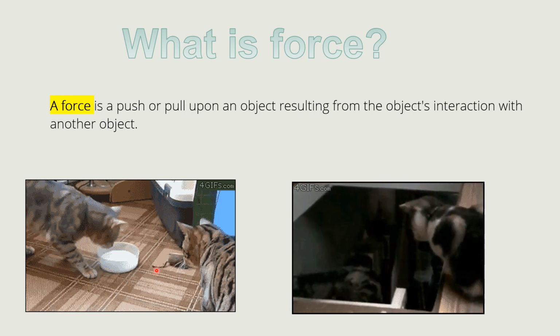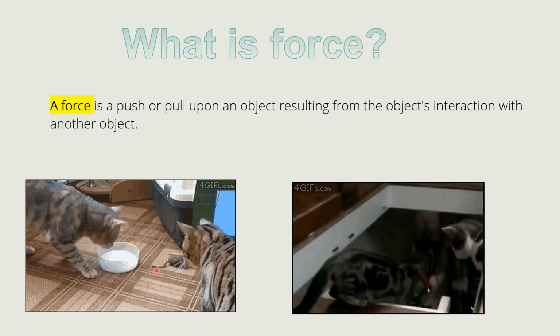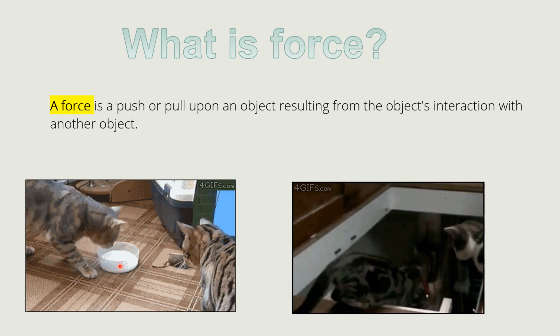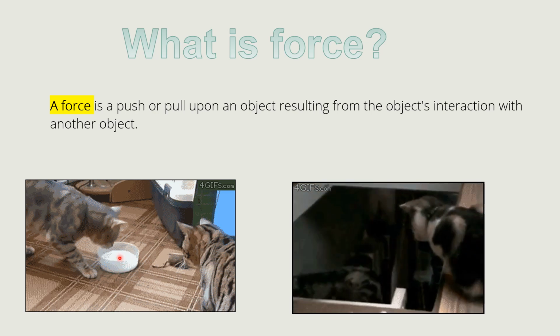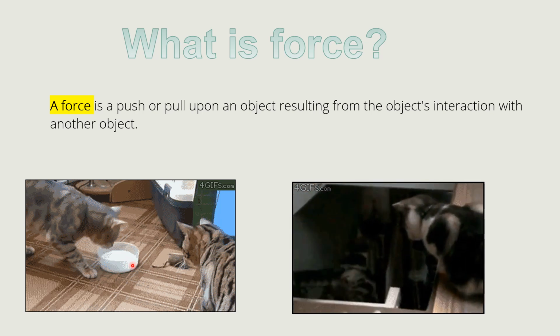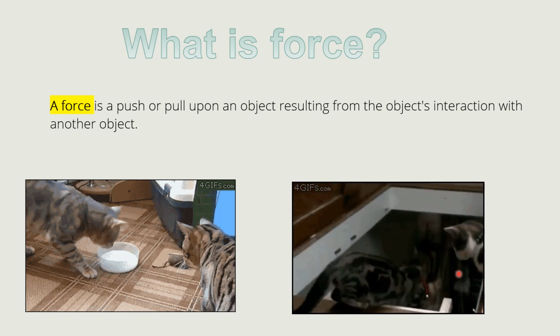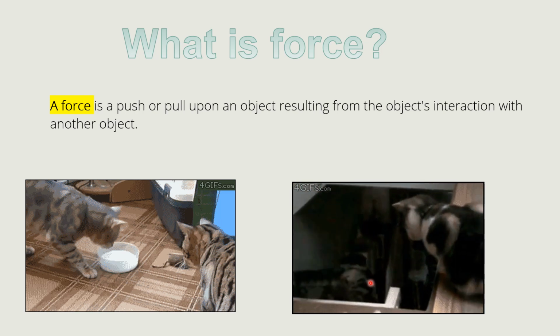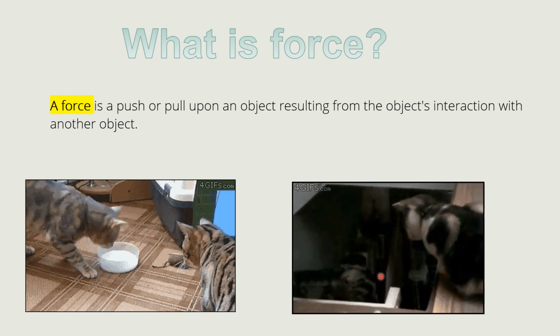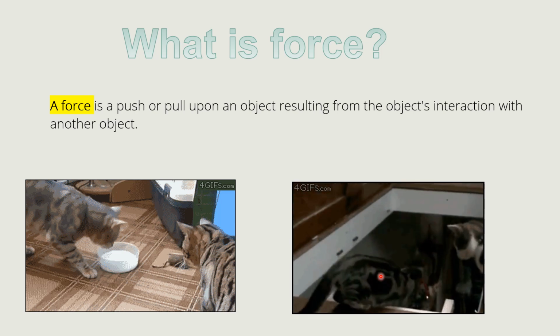In this case, when the cat was using her force, when she pulled the bowl with the milk, this was one kind of interaction with the object. And here this cat, when pushing another cat, is also some kind of interaction with, in this case, another cat.